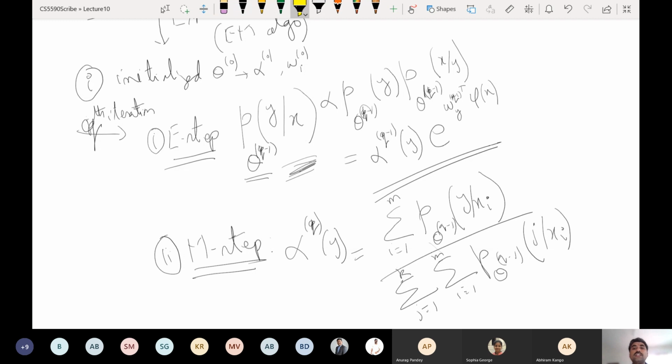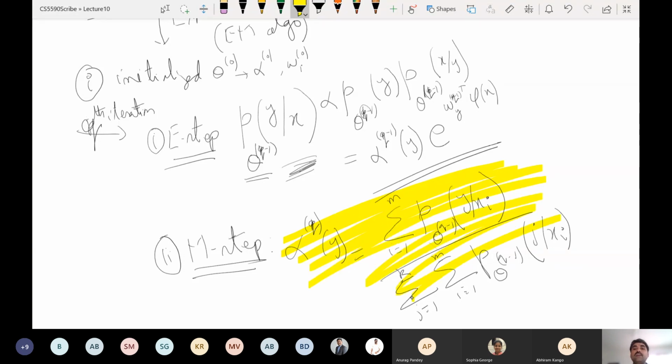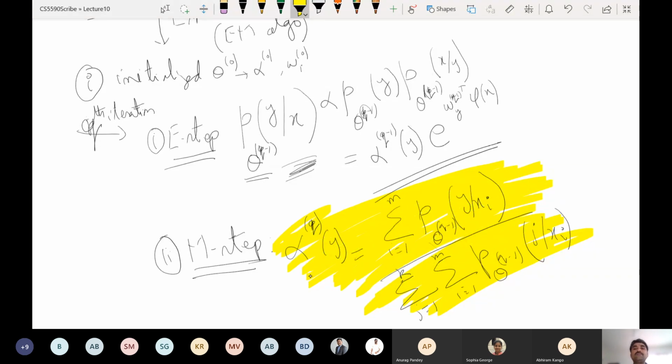Now, there is also a similar update formula for W. I'll shortly write it. But let us see why this update formula for alpha is very intuitive. What is alpha actually? What does it intuitively represent? It is the probability of y, right? That means in some sense, the estimate for this is the number of examples belonging to that cluster.